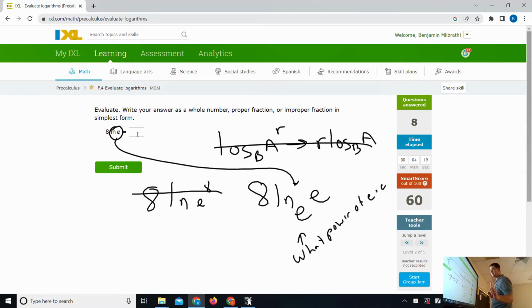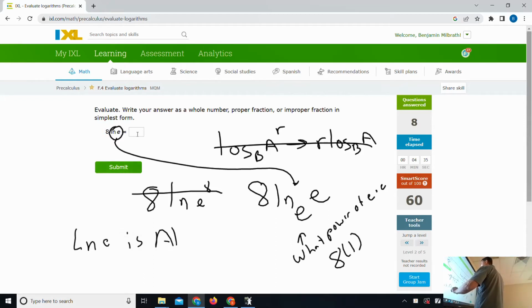It's 1. I have seen so many kids never quite grasp that, but the natural log of e is 1. That's just kind of something you should memorize. The natural log of e is always, always, always, always 1. So the answer to this thing is 8.